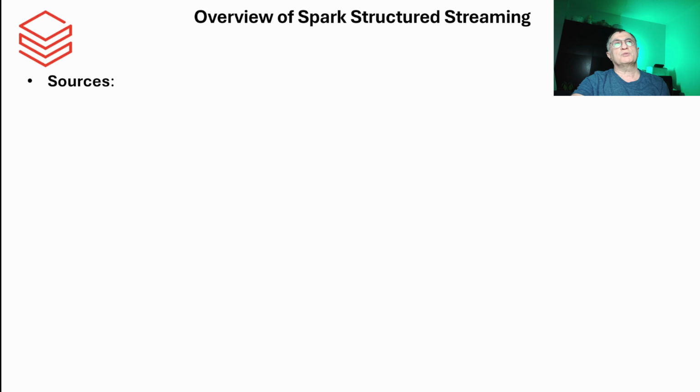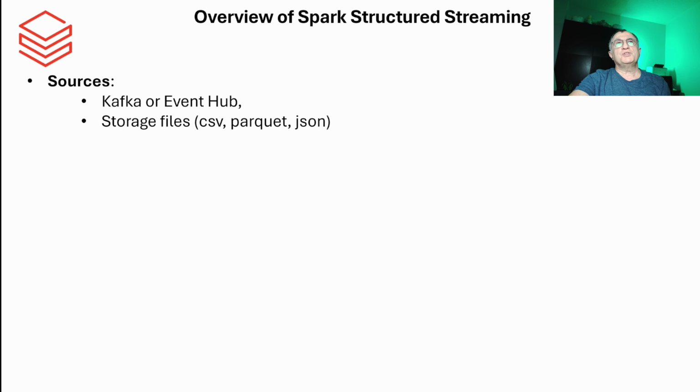So let's talk about available sources and destinations for Spark Streaming. Spark Structured Streaming can ingest data from Kafka or Event Hubs. You can also ingest from storage files. We'll be building our demo around storage files in today's tutorial, and there are many types of files that you can ingest from. You can also read the stream from Delta tables.